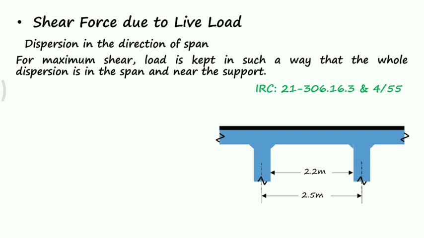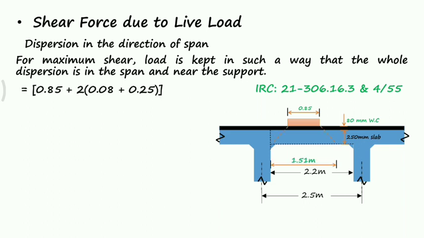So this is the cross section. Width of the track is 0.85 meter. Thickness of the wearing coat is 80 mm and the thickness of the slab is 250 mm. So we'll get here the dispersion at an angle of 45 degrees. So 0.85 is the width of the wheel plus twice the 0.08 wearing coat thickness plus 0.25 thickness of the slab.